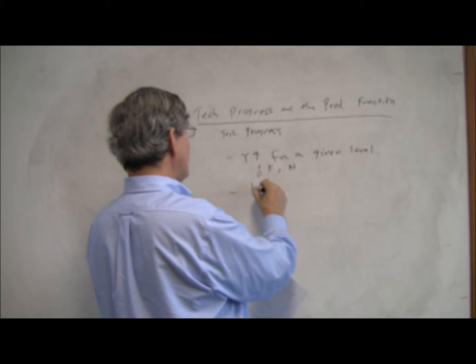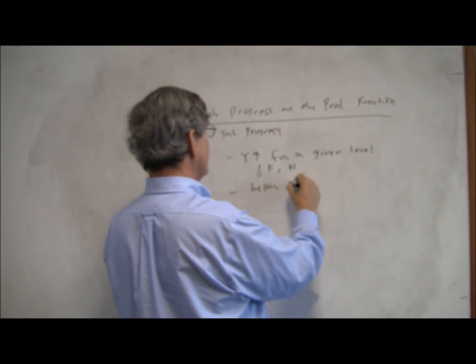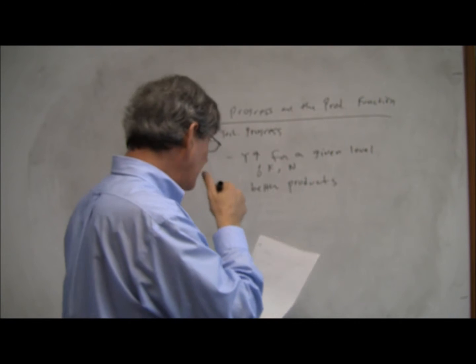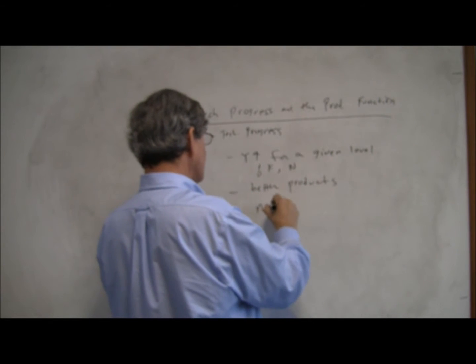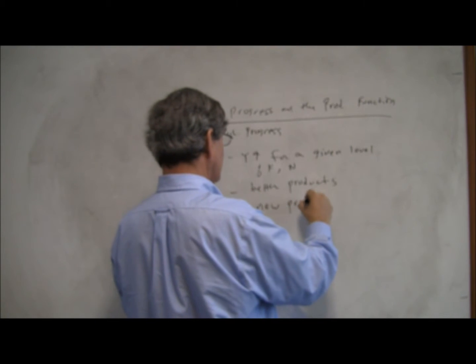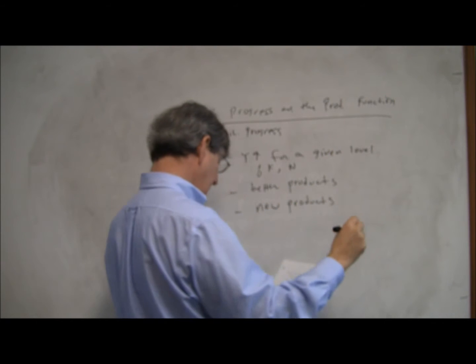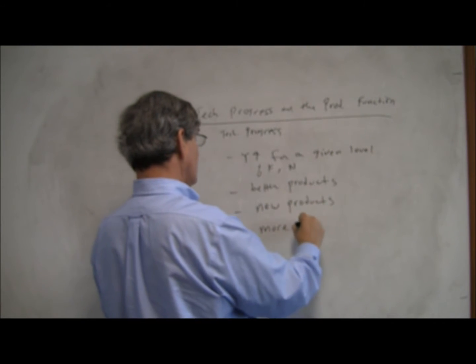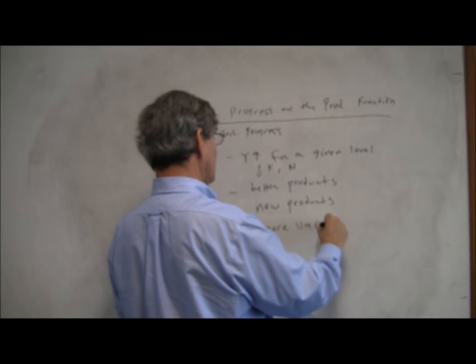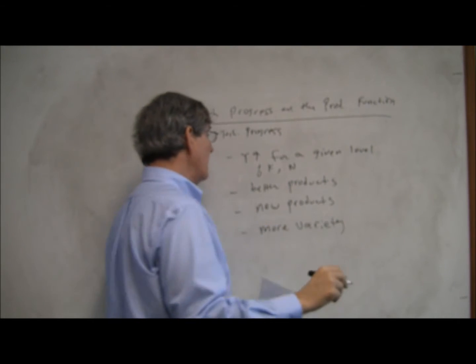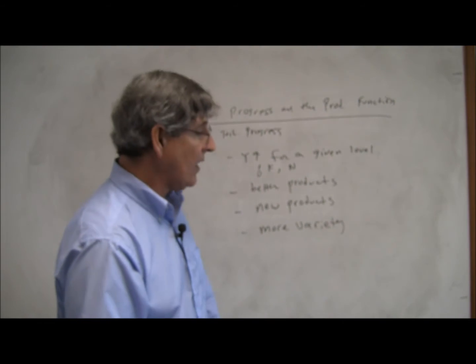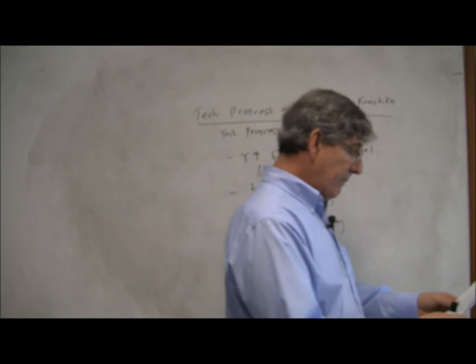Secondly, it can give us better products, an improvement in quality. It can give us new products. And it can give us more variety. So all of these are ways in which technological progress can happen.